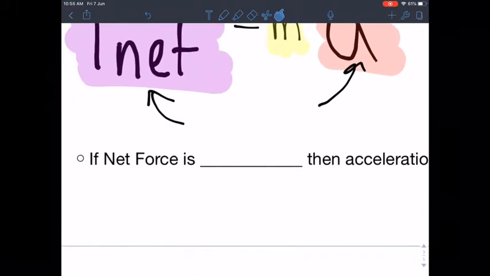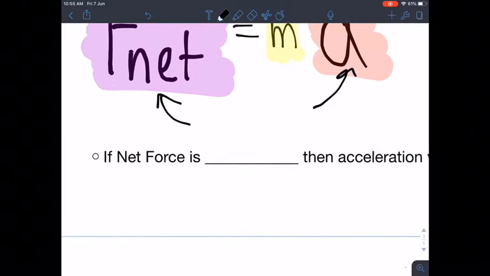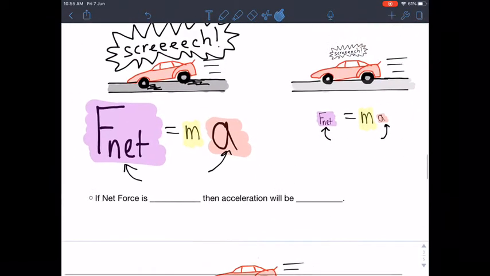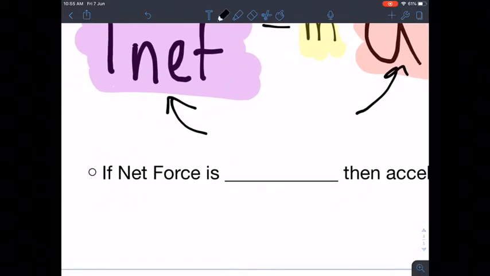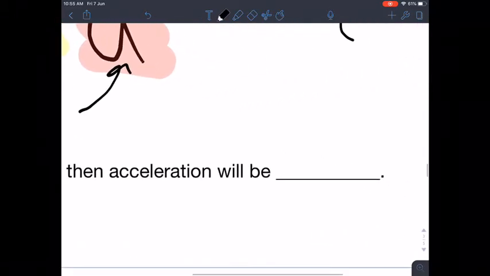To take that a little bit further, the less we apply the brakes, the less acceleration we get. The less force, the less acceleration. So if we take that to the extreme and we say that the net force is 0, and this is very important, then the acceleration will be 0.